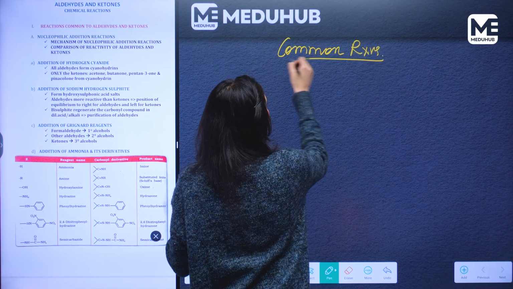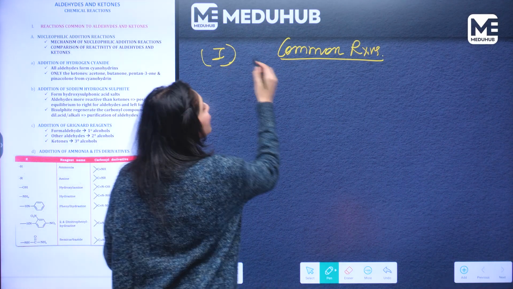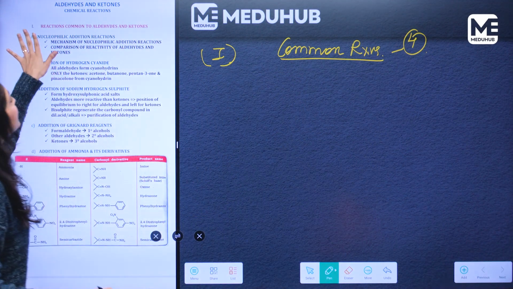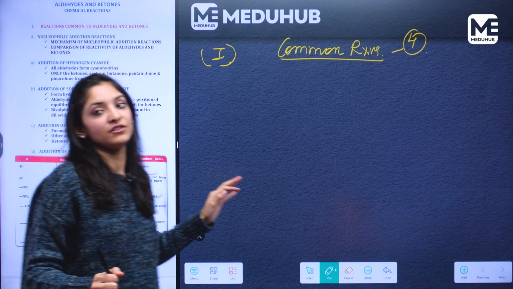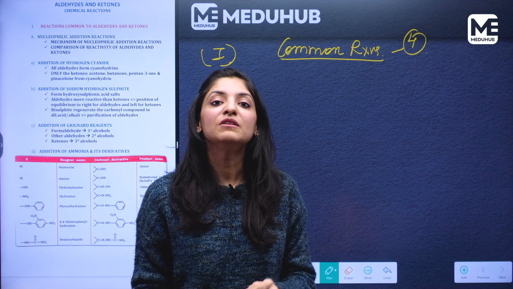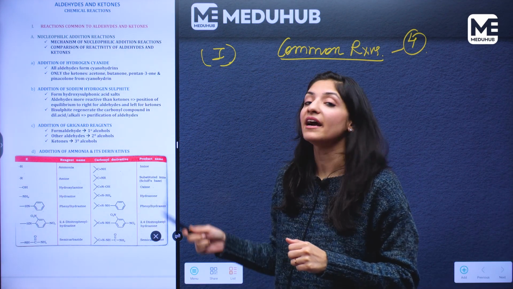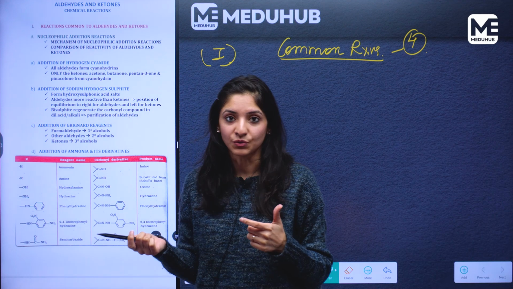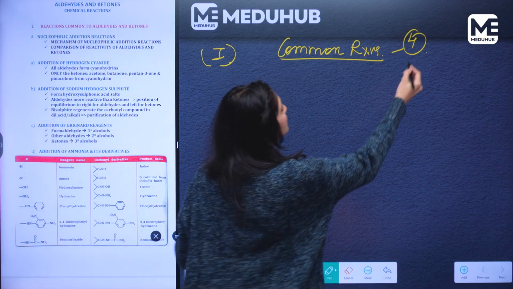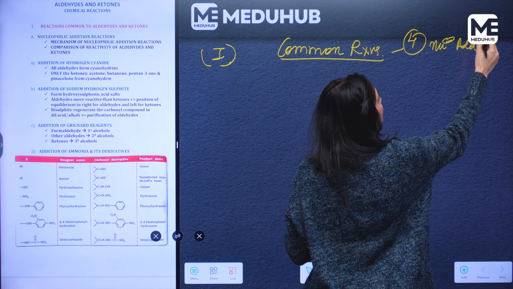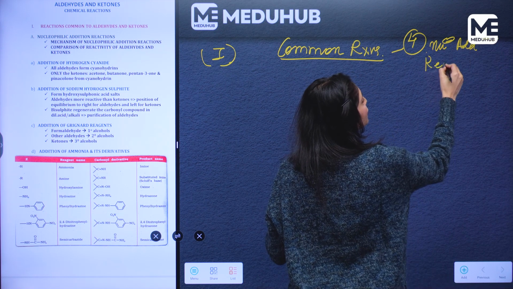there are four common reactions. The first one is nucleophilic addition reaction. We have already talked about the mechanism of nucleophilic addition reactions and how aldehydes are more reactive than ketones. The second is reduction reaction.